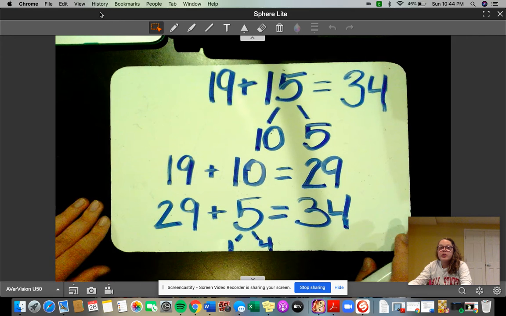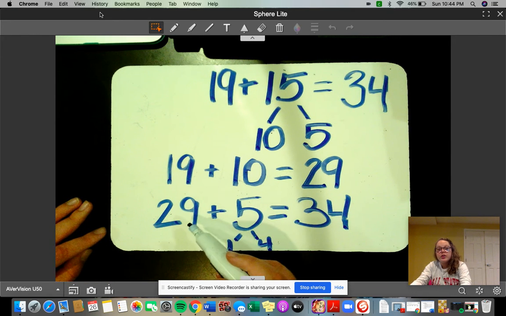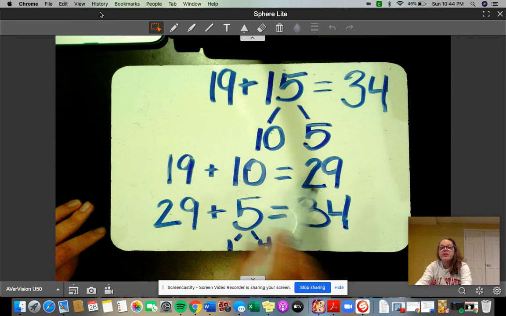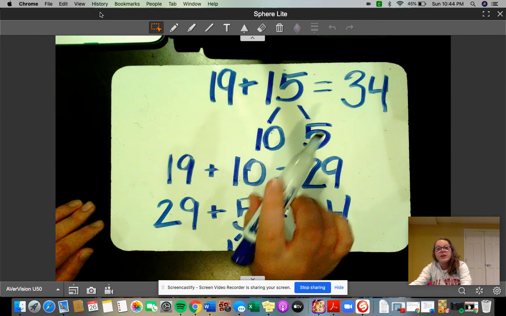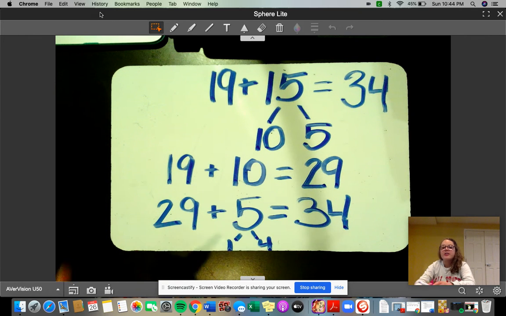So you can break down based on the numbers around you to help make the problem a little easier. You can do that while using the tens, or you can do that up here during this number bond as well, and we are going to practice doing that right now with the same problem.